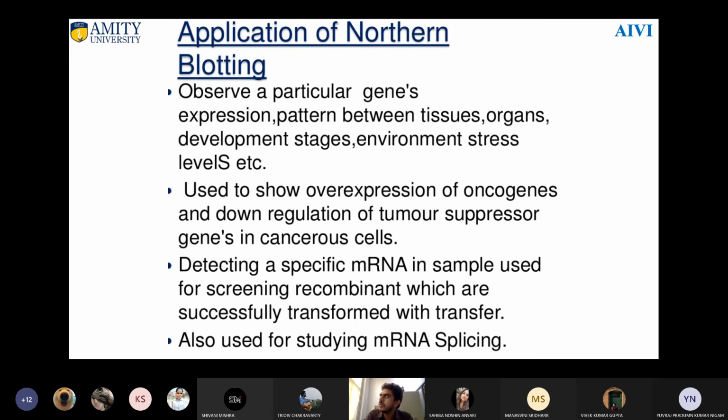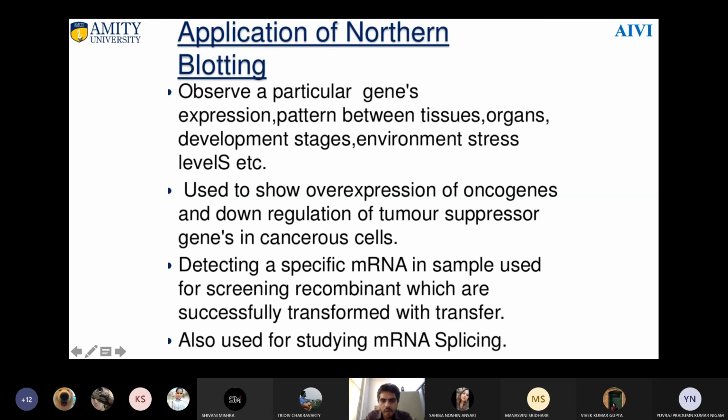If there is environmental stress, like if you are going out in the sun, you have heat stress, so what type of genes are expressed in you in the heat stress. Similarly in cancer, what genes are specifically expressed in a cancer patient, like tumor suppressor genes or tumor activator genes, and what is the level of tumor suppressor genes in cancer, how they are regulated or down regulated. All these you can study using Northern blotting.